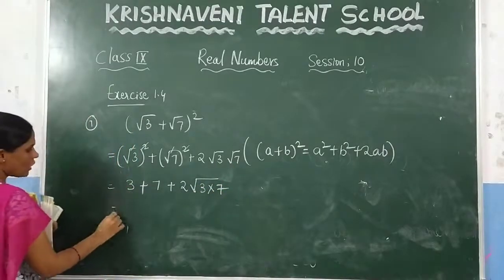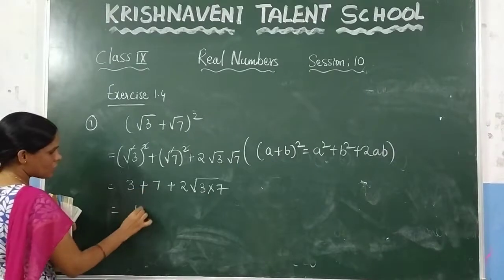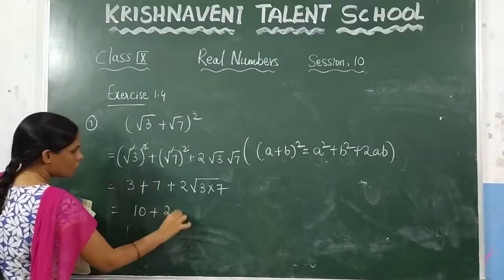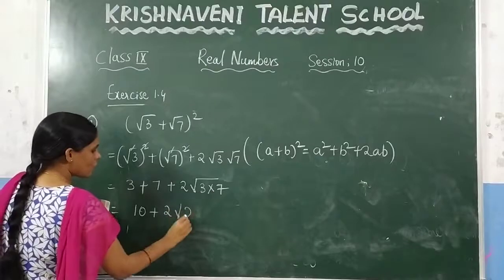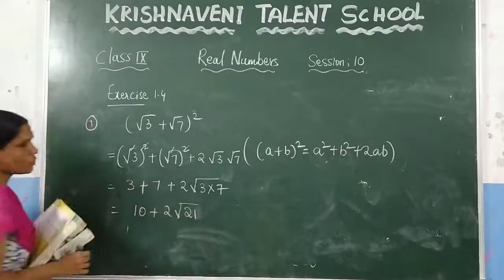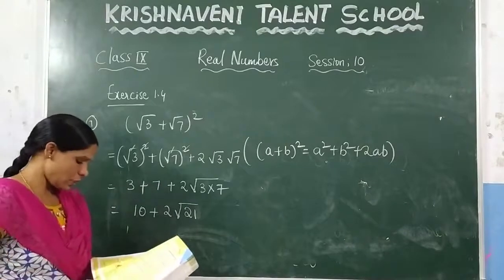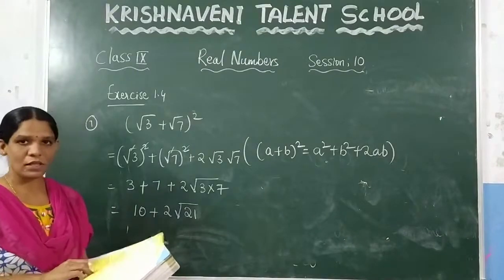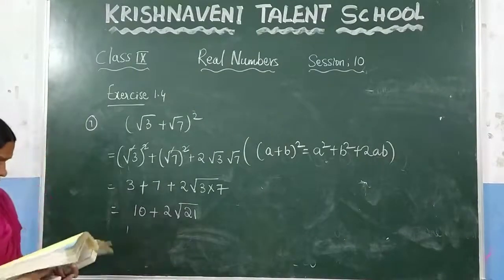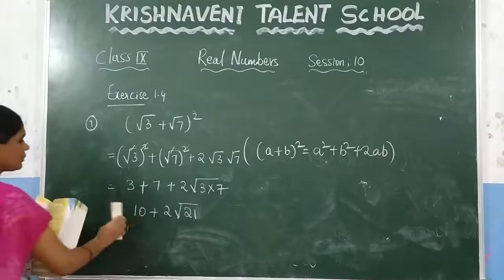Now what is the value of 7 plus 3, which is 10, plus 2 root? What is the value of 3 into 7, which is 21? So like this we need to solve. One more question is there. You can do it in the same way as we have done in the second question. Now see the second question.